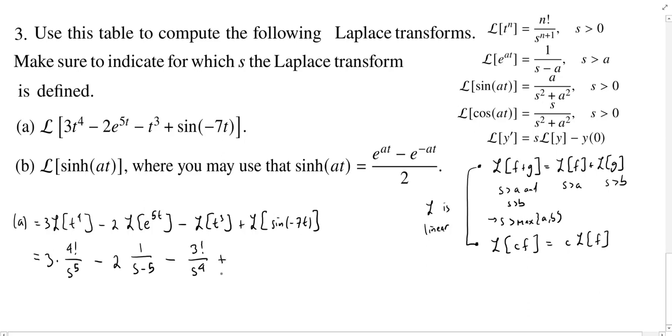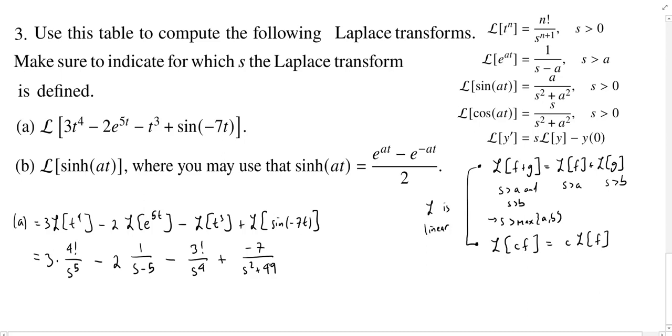Okay, and then finally I have plus. Okay, I need the Laplace of sine of negative 7t. So sine of at, okay, my a is negative 7. So I would have negative 7 over s squared plus 7 squared, right, or negative 7 squared, which is 49.